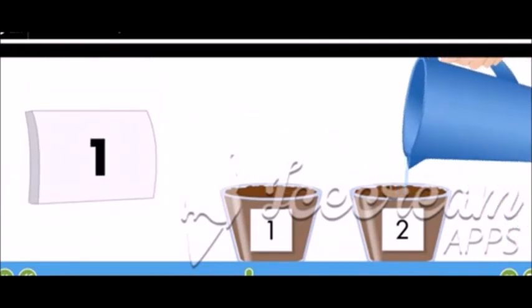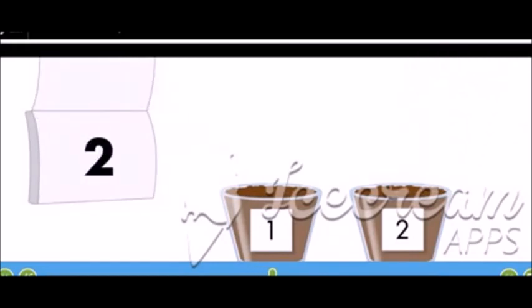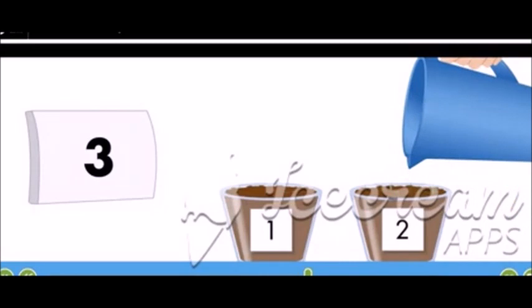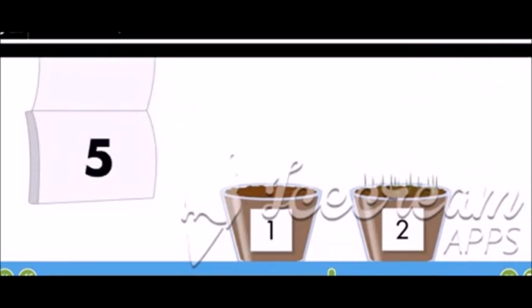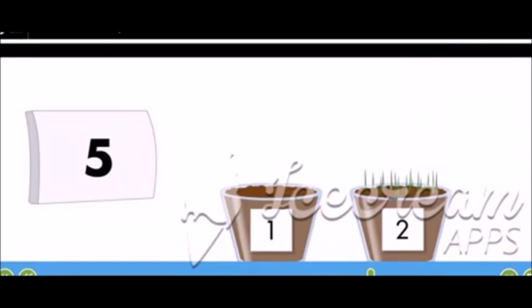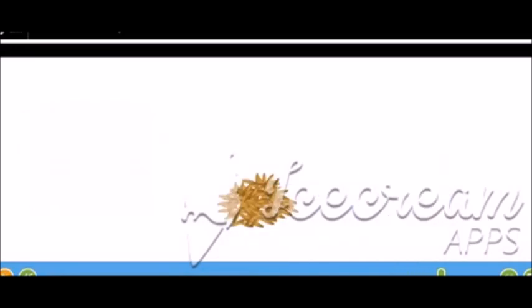Then observe. Think about what happened. Was your hypothesis supported or not supported?